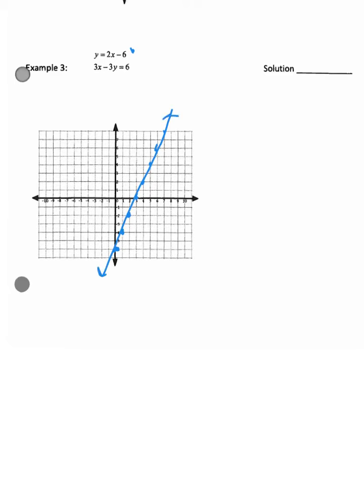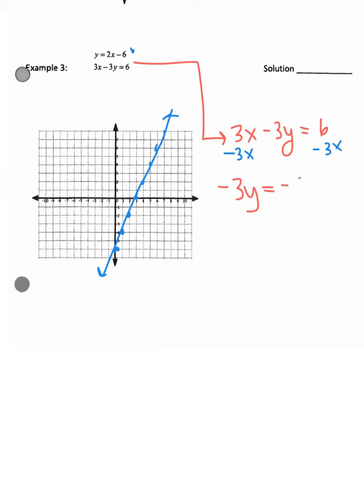The second equation, 3x minus 3y equals 6, is not in slope-intercept form, so I need to rewrite it so that it says y equals. So I first move the term with the x in it. So I move positive 3x by subtracting 3x from both sides, which gives me negative 3y equals negative 3x plus 6.